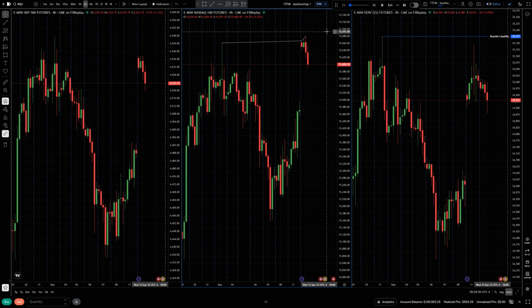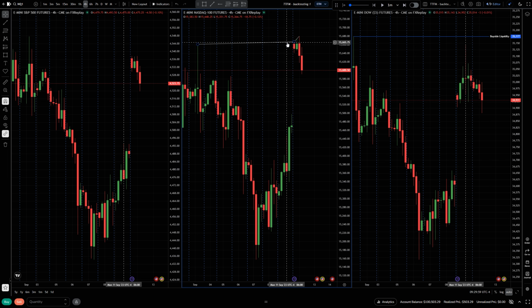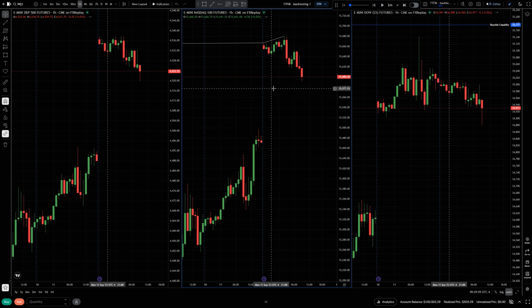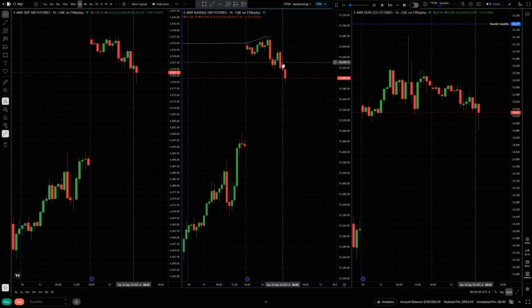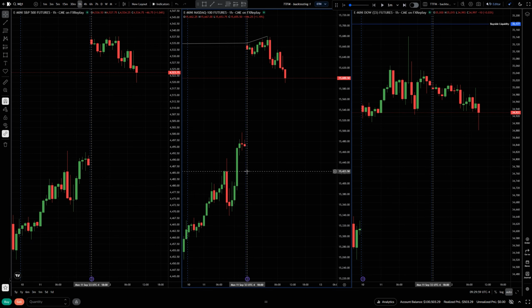Could this be the high of day? Potentially, yes. We also have SMT with the previous day's high, but because of this gap, we will take it with a grain of salt.